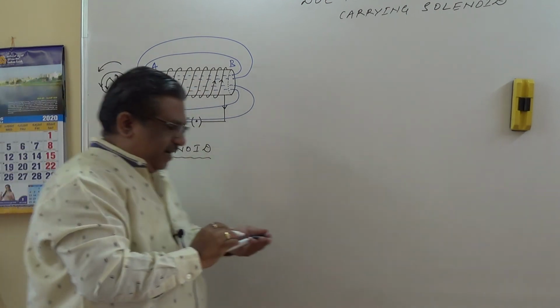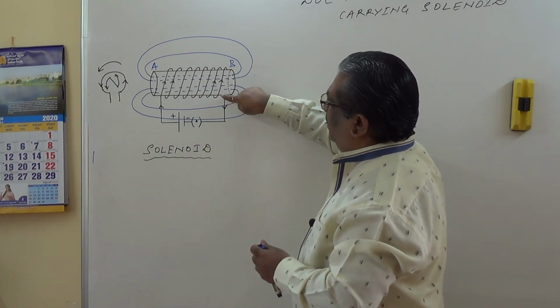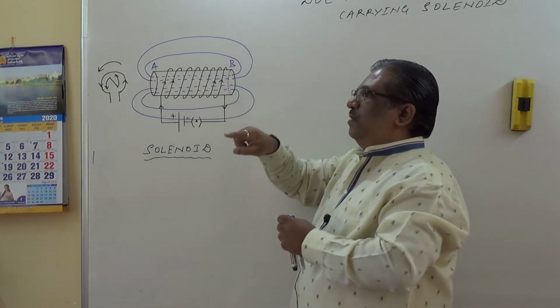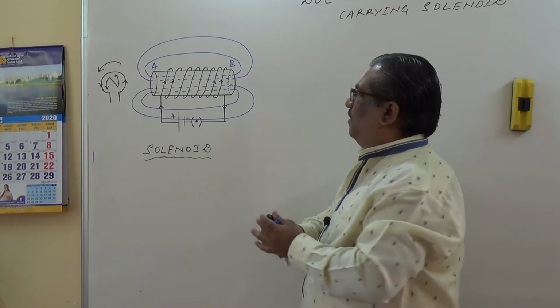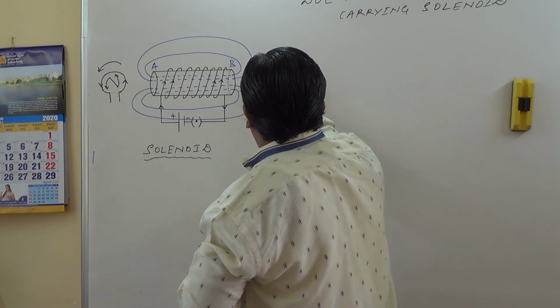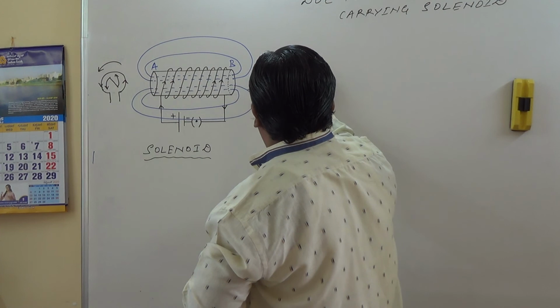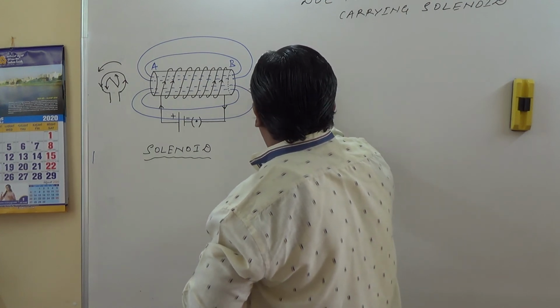If I come this side and look at this face, the current is moving like this and it is going behind. So the current moves and goes behind the coil and comes out, and therefore this is clockwise here. And if this is clockwise, this is a south pole.